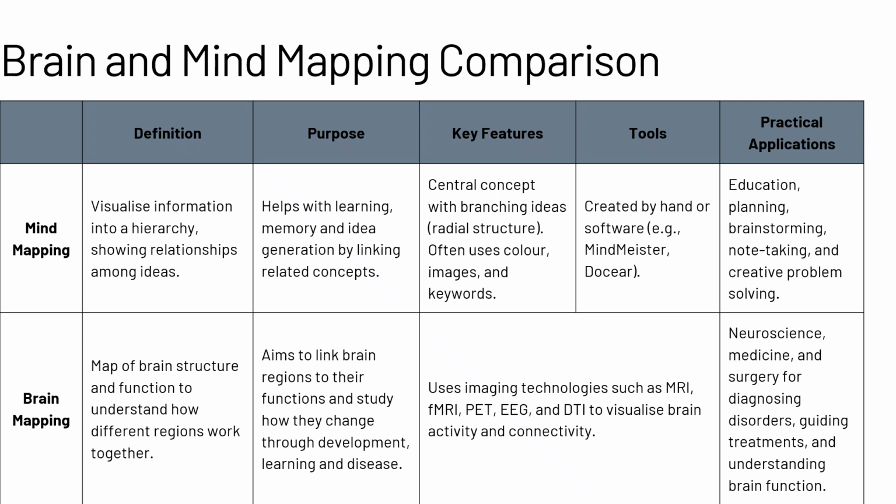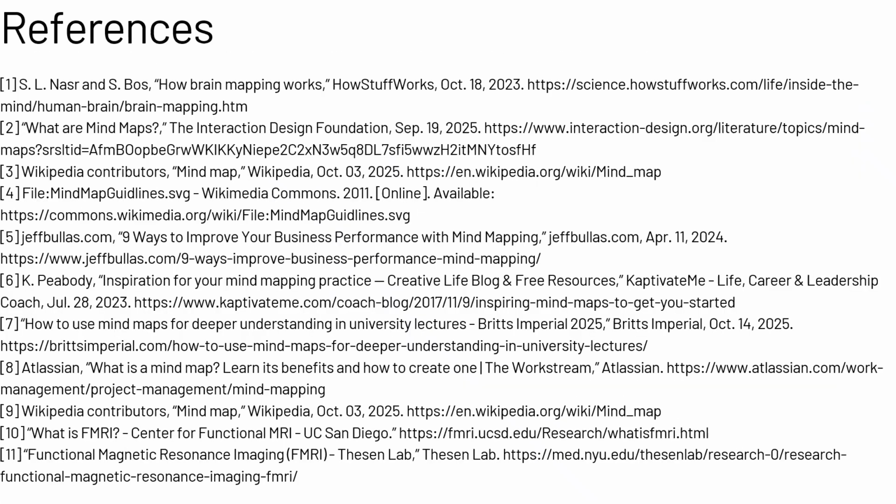So overall, while this table presents both brain and mind mapping side by side, what stands out about brain mapping is its depth. It doesn't just organize information, it helps us decode the biological basis of thought itself.